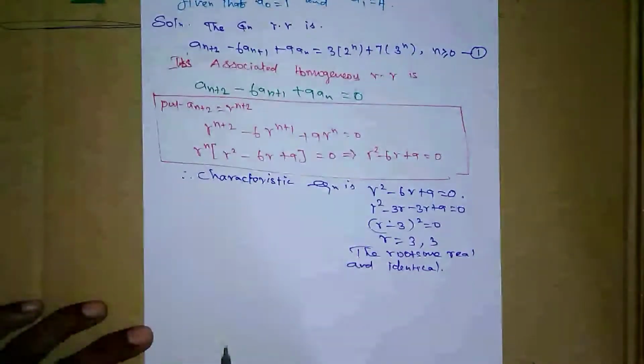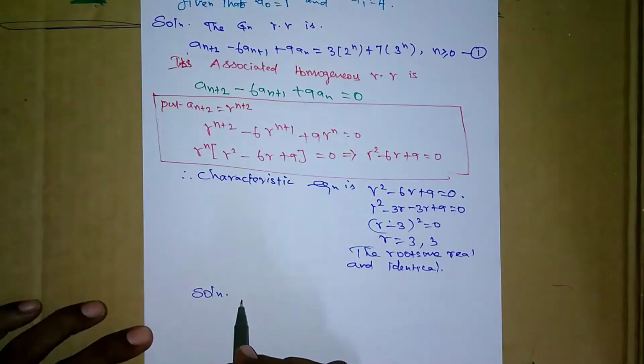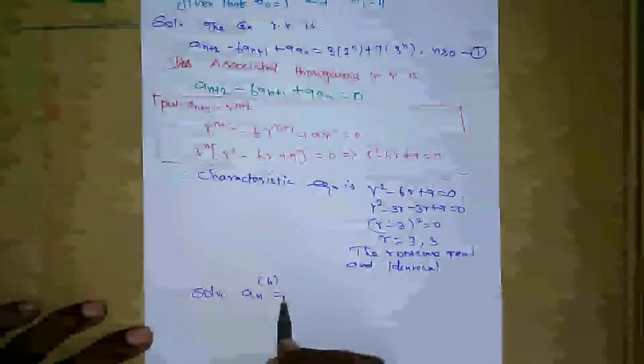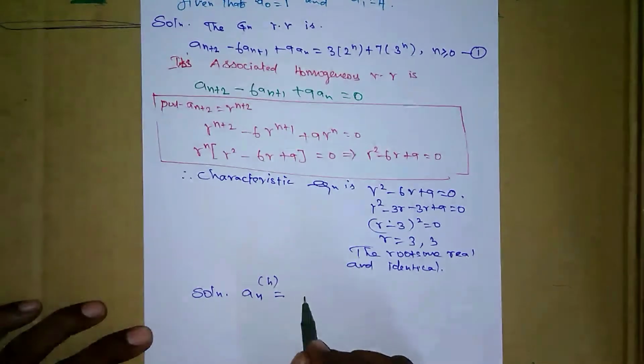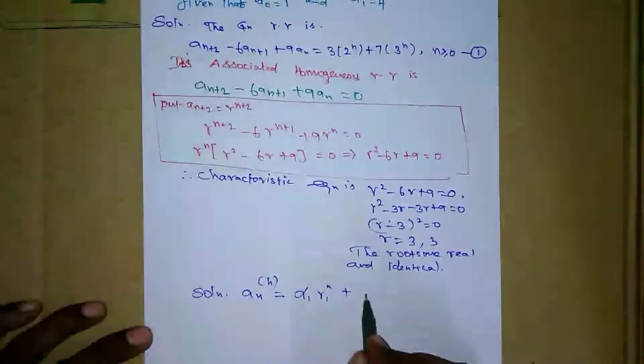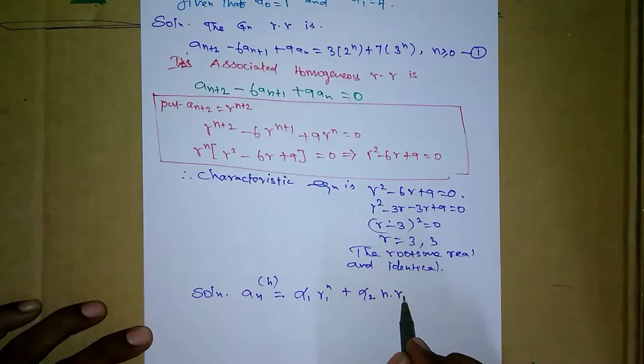Therefore the solution, associated, is denoted by a n power h, equal to alpha 1 r1 power n plus alpha 2 n into r power n.